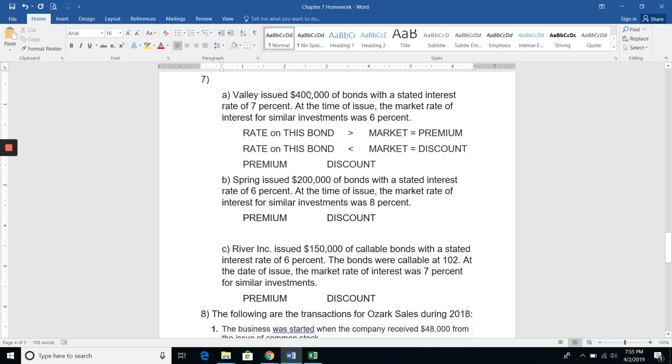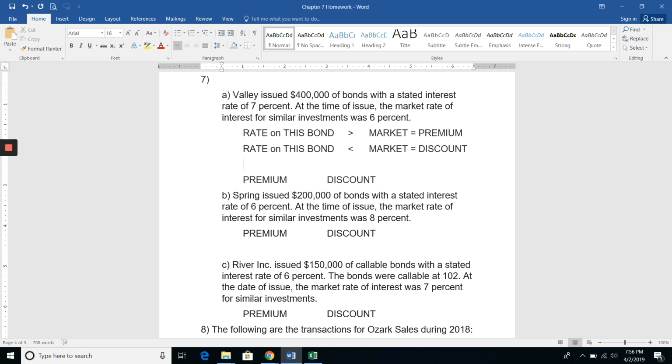So let's take a look at the first example. This company issues $400,000 in bonds with a stated interest rate of 7%. At the time of the issue, the market rate of interest for a similar investment was 6%. So the rate on our bond is 7%. The market rate is 6%.